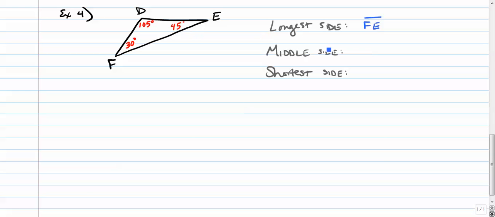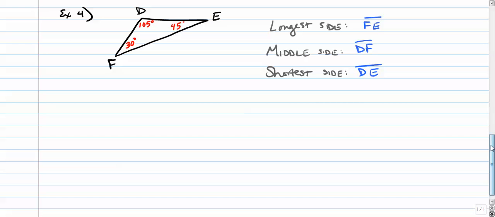So segment FE is across from the biggest angle, and therefore it is the longest side. The smallest angle, which is 30, is going to be across from the shortest side. The shortest side is segment DE. When we write segments, we put the line segment symbol above it. And of course, the middle angle, 45 degrees, is across from segment DF, which is the middle side. Great.